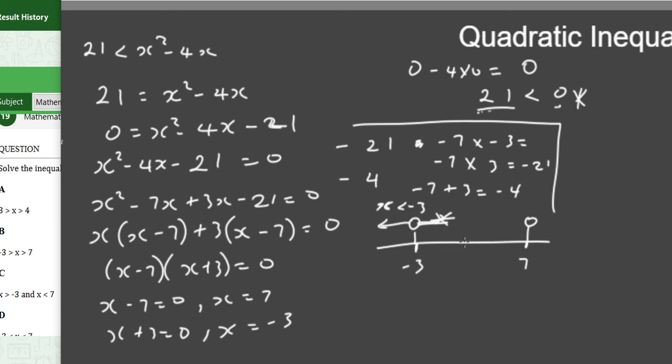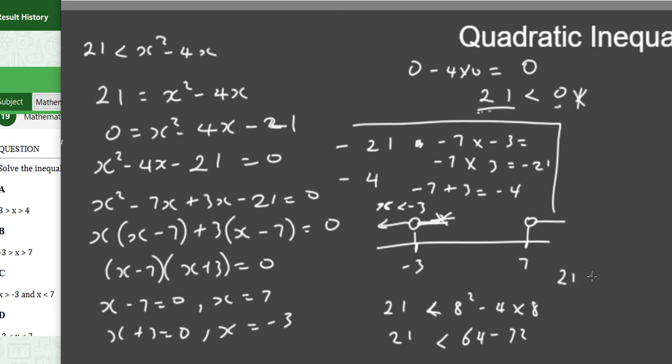So the next thing you want to test is, can we say x is greater than 7? So let's try a case where x is greater than 7, and one of those cases happens to be 8. Because 8 is greater than 7, let's try that. So let's plug x as 8 here. So that's 8 squared minus 4 times 8. So that's 64 minus 32.